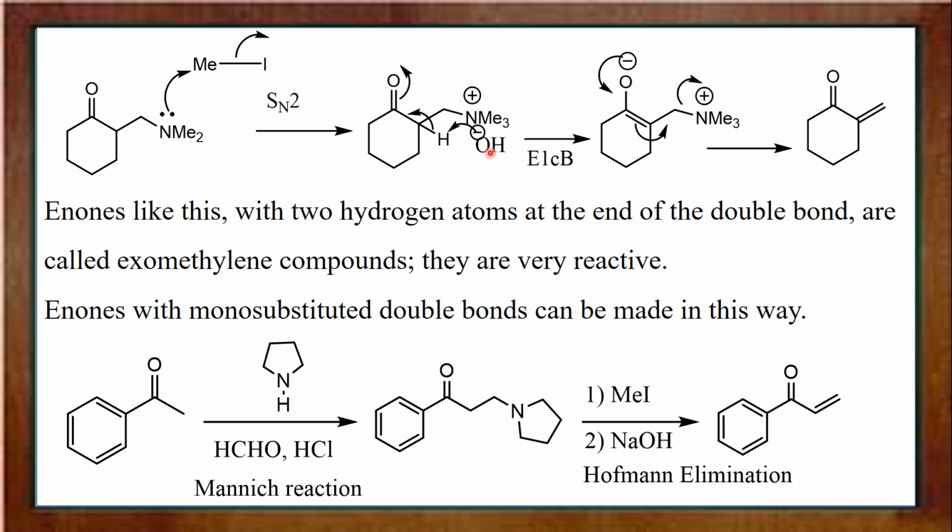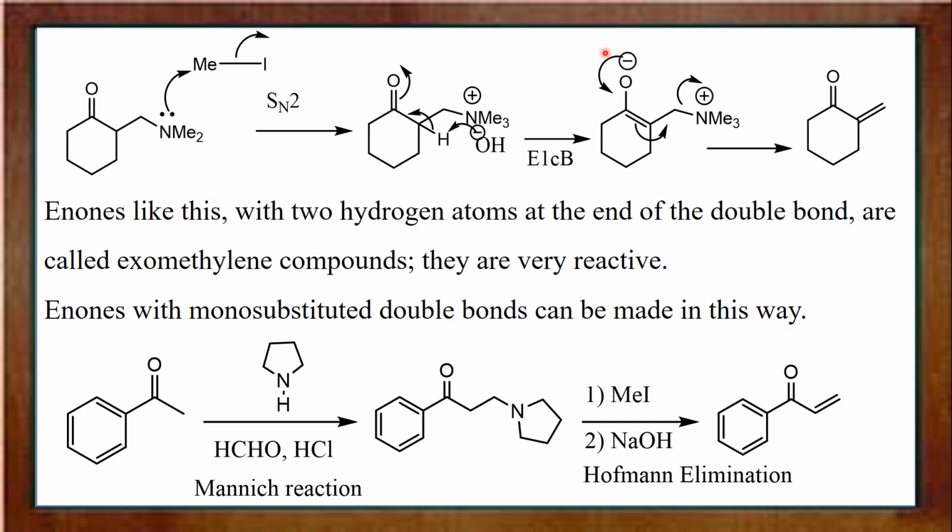So the hydroxide removes a proton from here and the resulting species is a carbanion, the conjugate base of this molecule. And that carbanion with negative charge makes a bond here, pushing the pi bond onto oxygen. So we end up with an enolate.